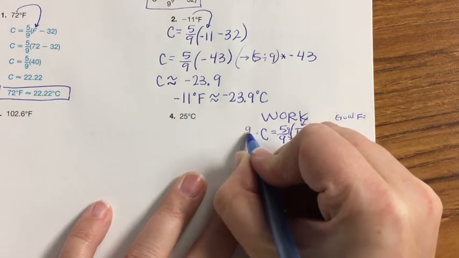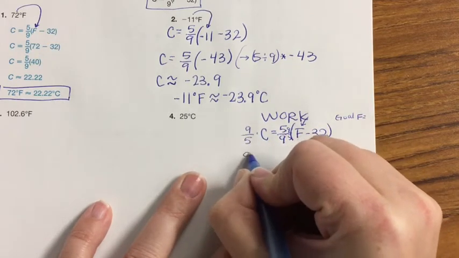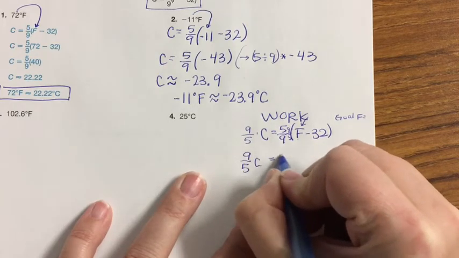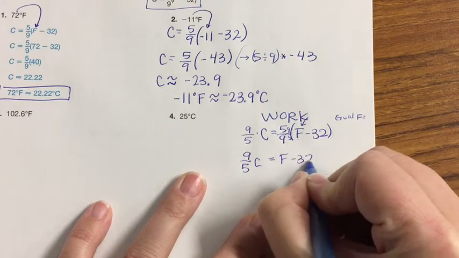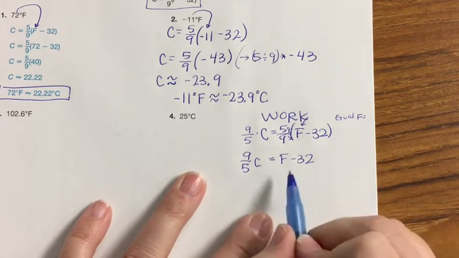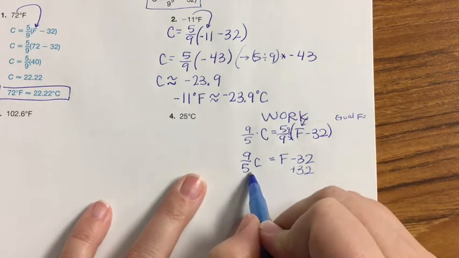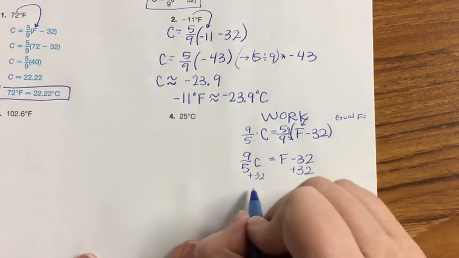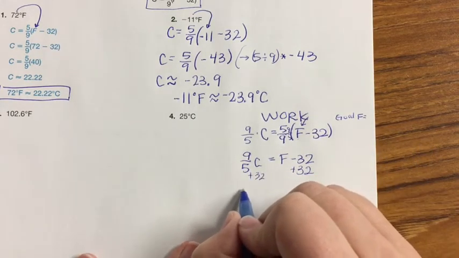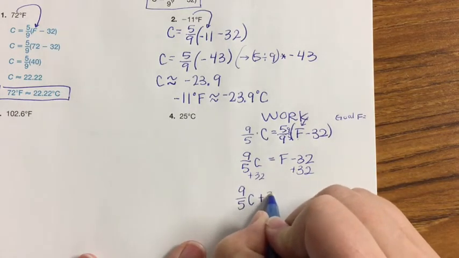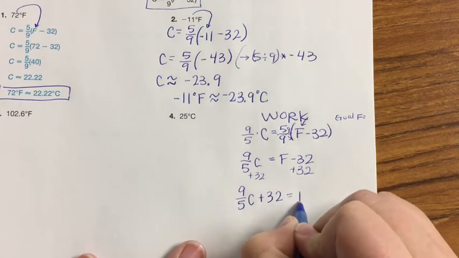So then I have 9/5 C is equal to F minus 32. I want to get the F alone, so I'm going to add 32 to both sides. So that means that 9/5 C plus 32 is equal to F.